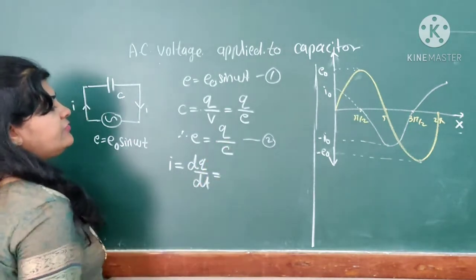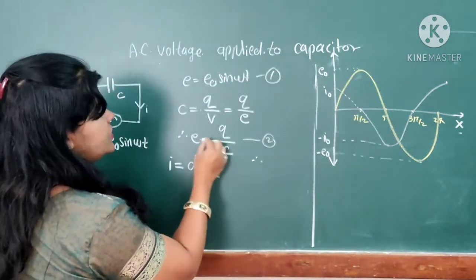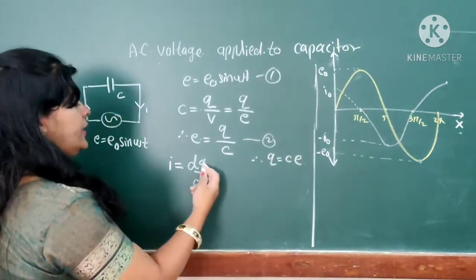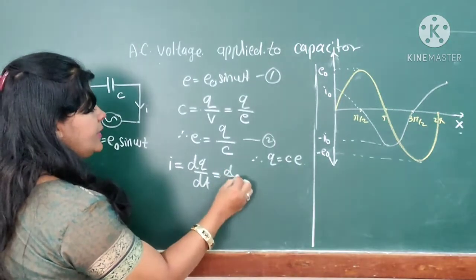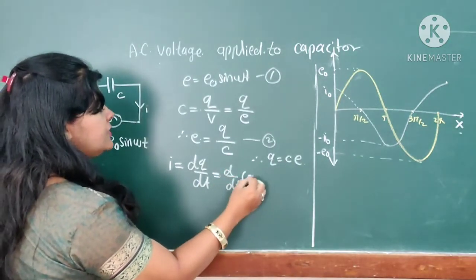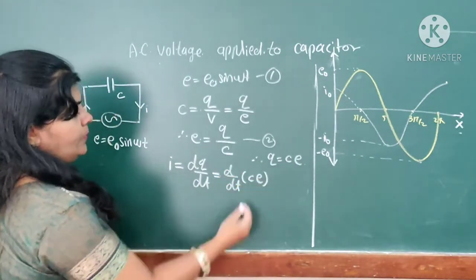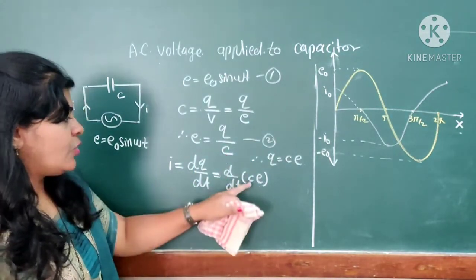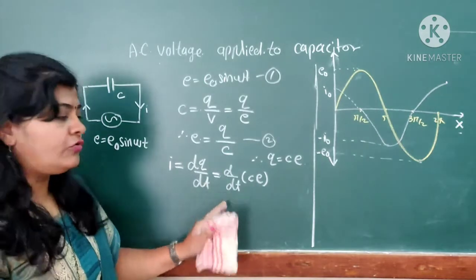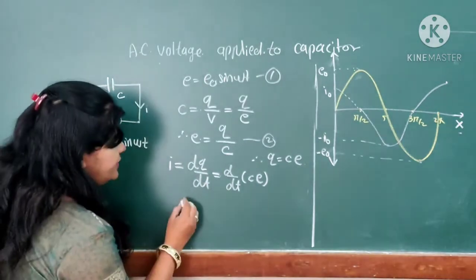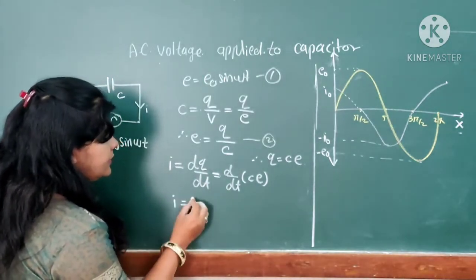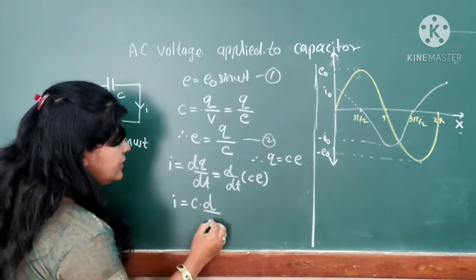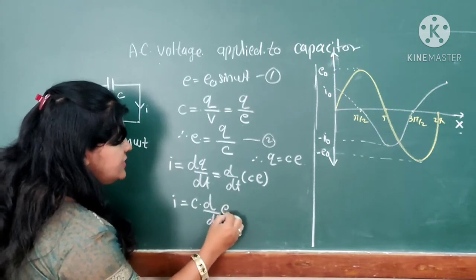Therefore, we can substitute the value of Q. Q is equal to C into E. Directly substitute here d by dt of C into E. Now, C is the capacitance, which is a constant value, taken outside of the derivative. That is C into d by dt of this E value.